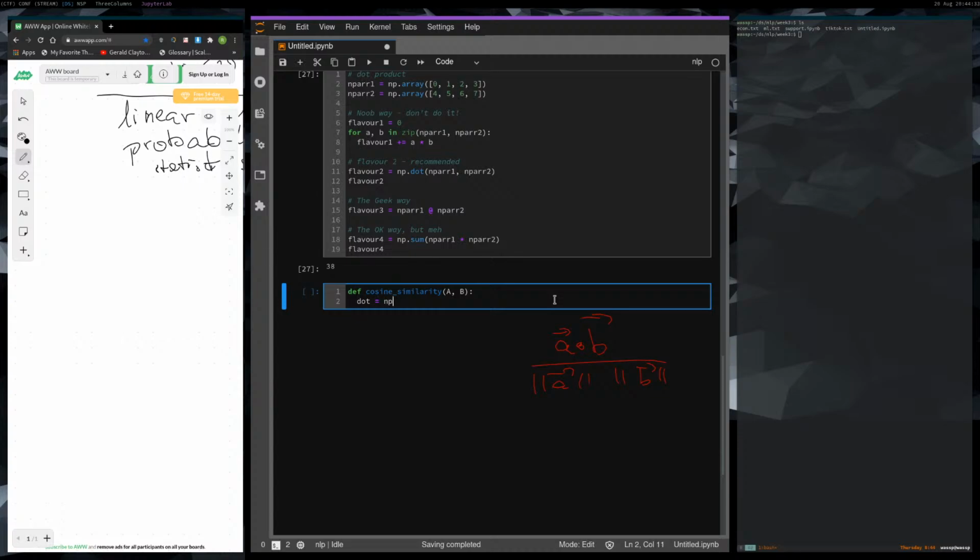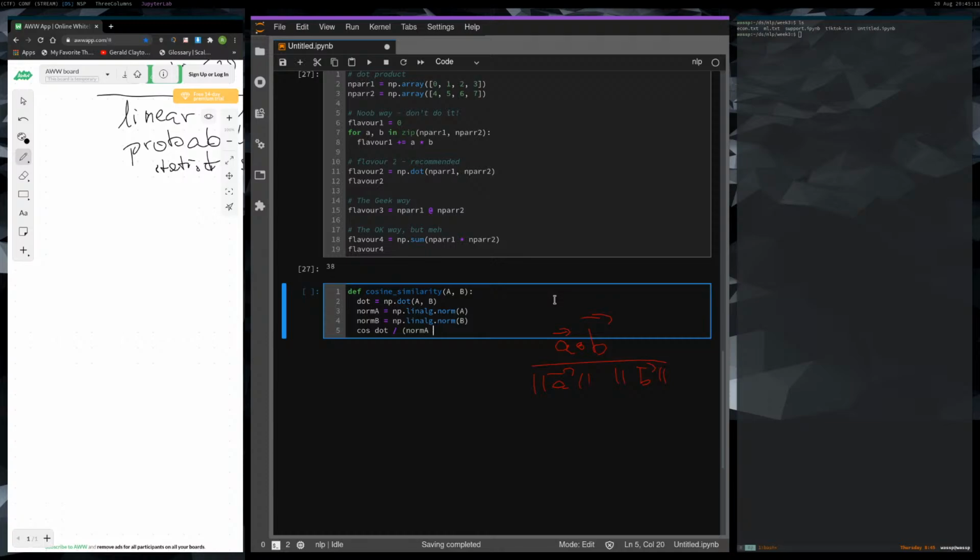So the dot product, as you saw, of A and B, the norm of A, and then we have the norm of B. So the norm of A, we take A, linear algebra norm, B, and we literally compute the cosine.